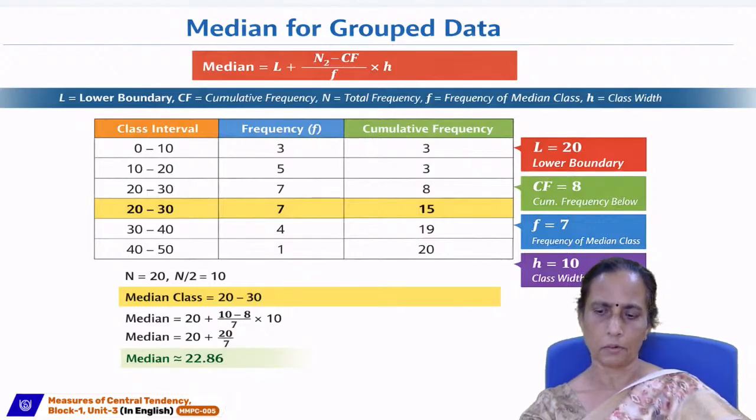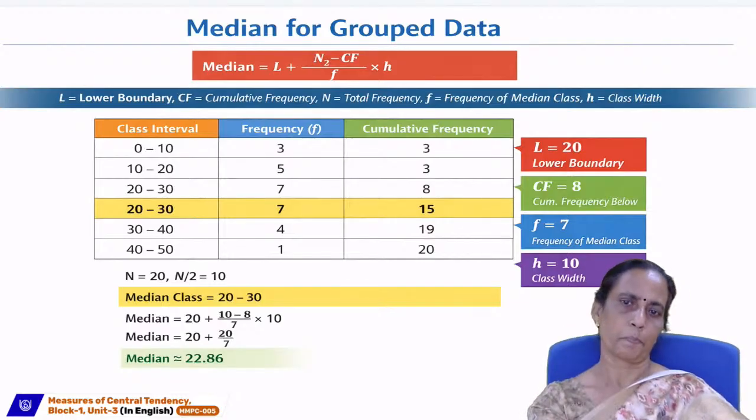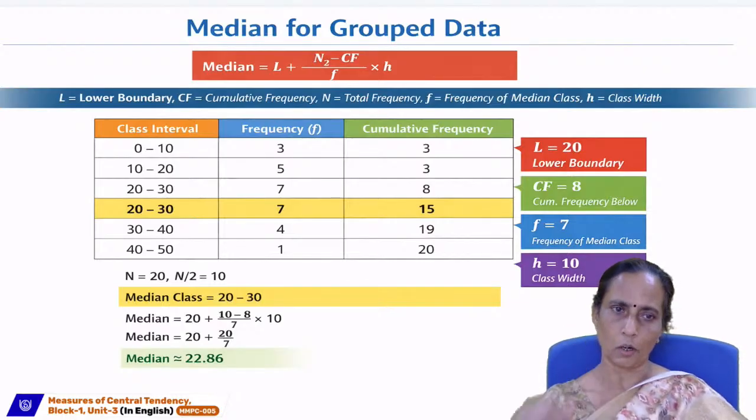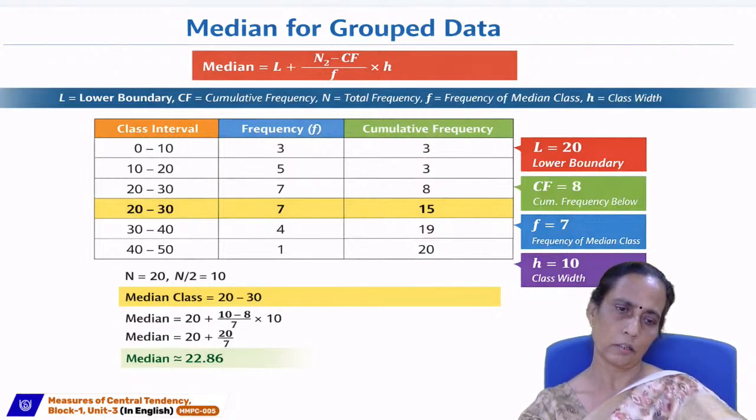Your L is equal to 20, the lower limit of the median class interval. CF is the cumulative frequency of the class preceding your median class, that is 8, the frequency of your median class is 7, and your class width is 10.